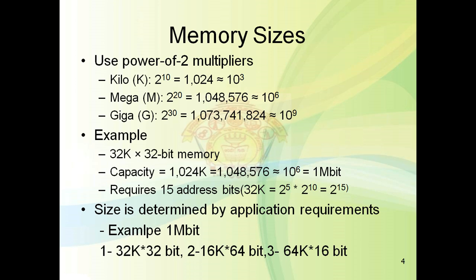Also we can make 1 megabit by using 16K into 64-bit memory, or in another way, 64K memory locations into 16 bits. So you will get 1 megabit of information. That is why the memory size will be determined by the application.